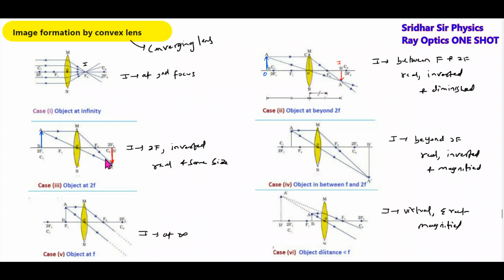After refraction it will pass through the focus, will pass through point A dash. Then a ray passing through the optic center will meet at point A dash. Both refracted rays are converging, so this will be a real image. If object at 2f, then image will be at 2f, real, inverted and the same size.